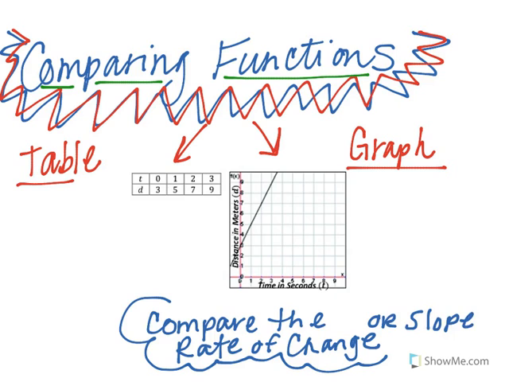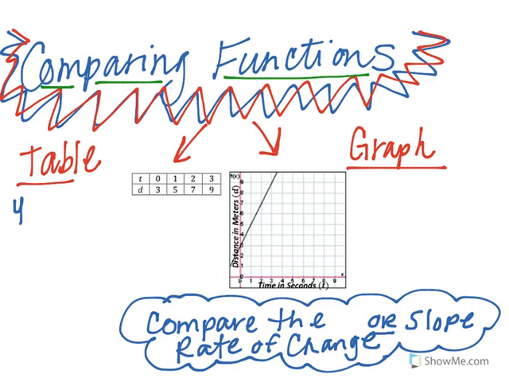It's the same thing. So when you're using a table to compare functions or to compare the slope, to figure out what the slope is in a table, you always have to take the table and put it into the formula y2 minus y1 over x2 minus x1. And that's going to give you the rate.